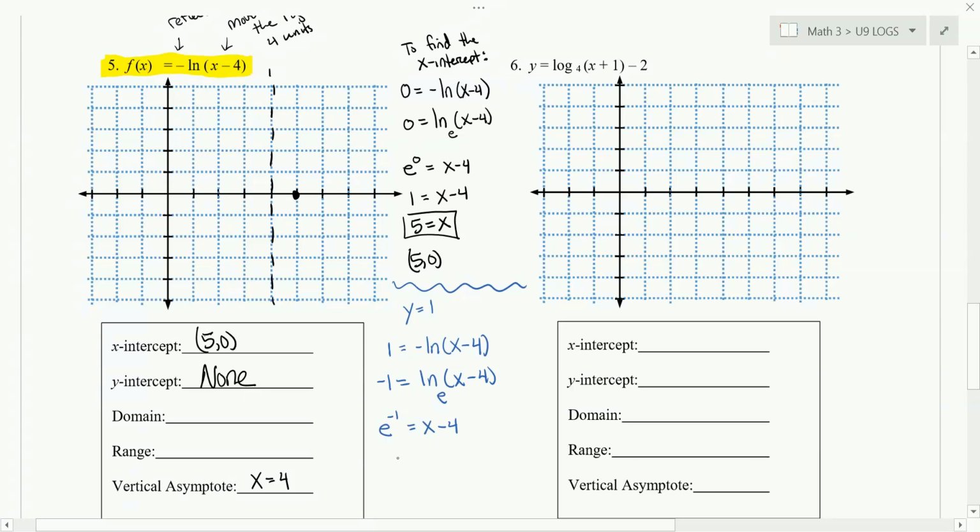And so x is, if I add 4 to both sides, 4 plus e to the negative 1. At this point, I'm going to have to use a calculator to approximate this value.